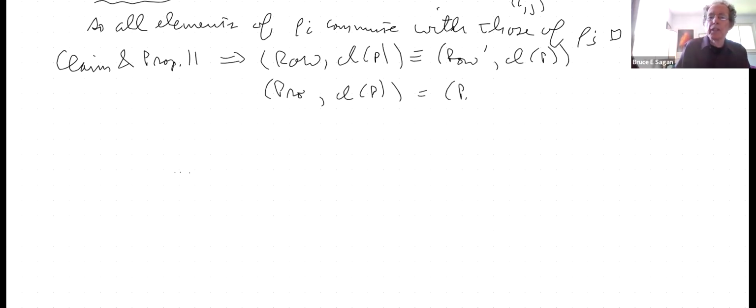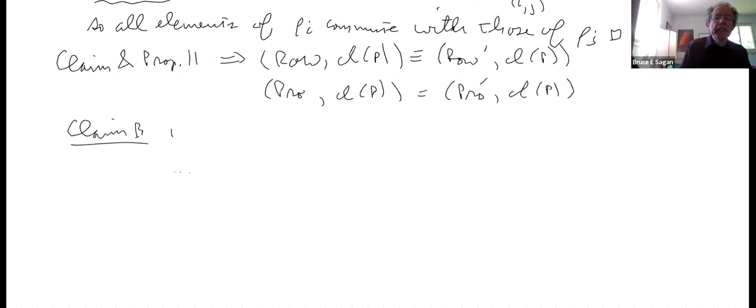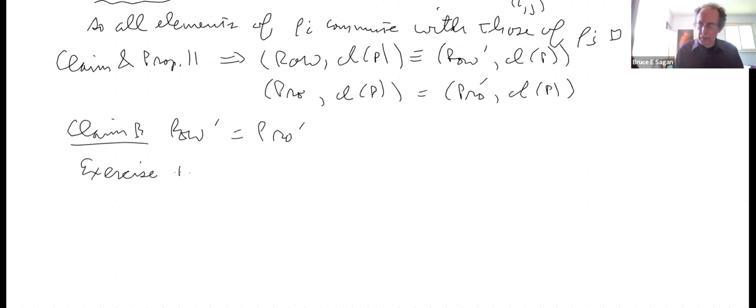I'm going to go over a little since we had that snafu. But that's not what we wanted. We want rho and pro to be equivariant. And that's finished by claim B, which says they're not just equivariant, they're equal. These are the same map. And this I'm going to leave as an exercise. And that'll finish things up.